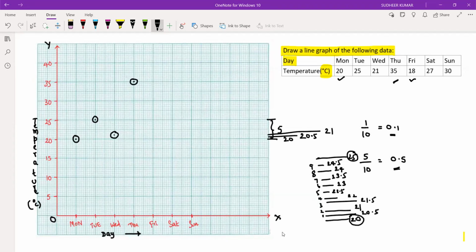Next, Friday is 18. Friday is 18 means we'll use the same method. So each one is increasing by 0.5, right? So 18 means after 15: 15, 15.5, 16, 16.5. Fourth one is 17, 17.5. Right?